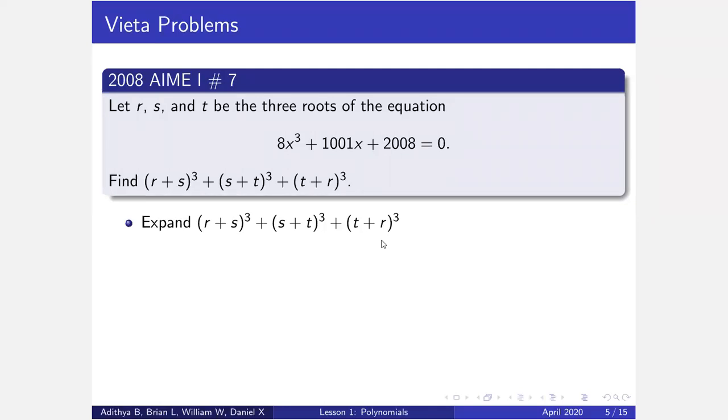We can use this instead, and this completely avoids expanding. Now our sum is negative r cubed plus s cubed plus t cubed.